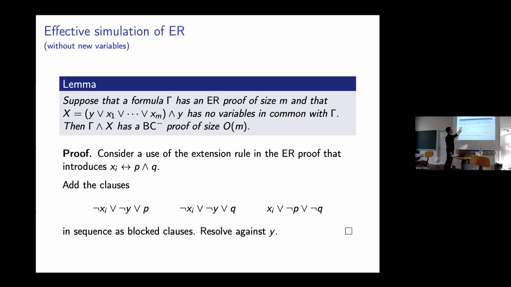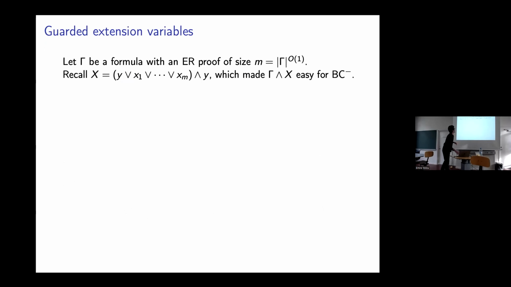Originally, you had the constraint that the translation that you were doing to the formula run in polynomial time. Just keep that in mind so as not to conflate the two notions. Okay, and I call those guarded extension variables after something else in the literature, which is vaguely similar, which comes up in another separation between regular and general resolution.